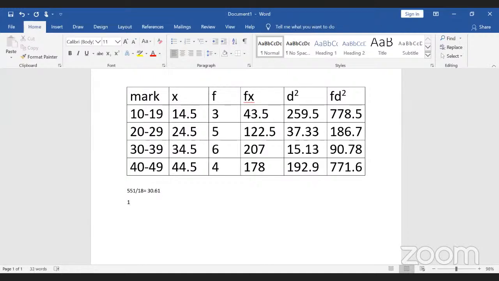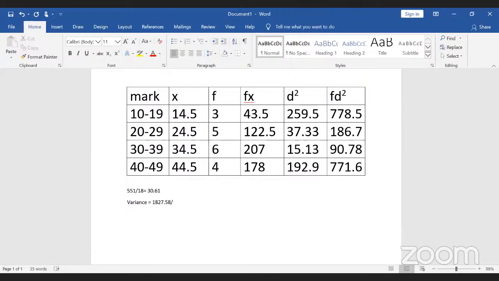So we say therefore that variance equals 1827.58. We divide that by n.